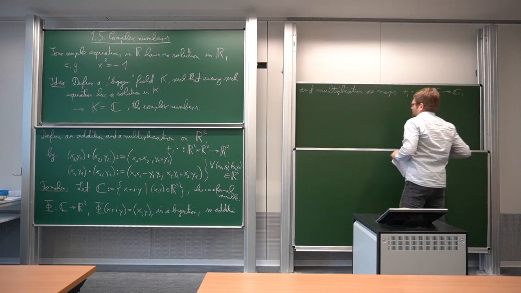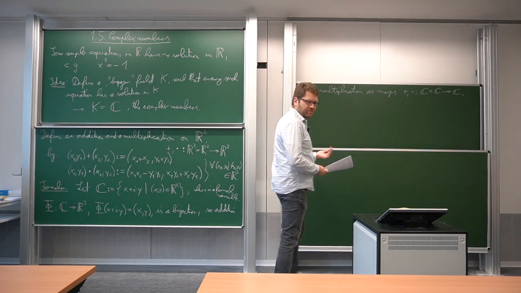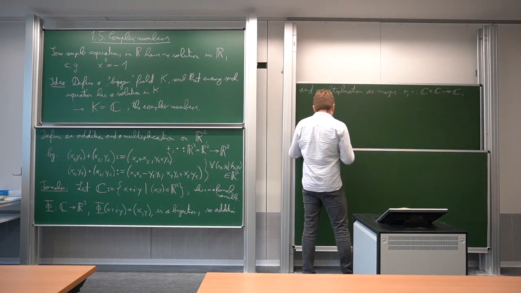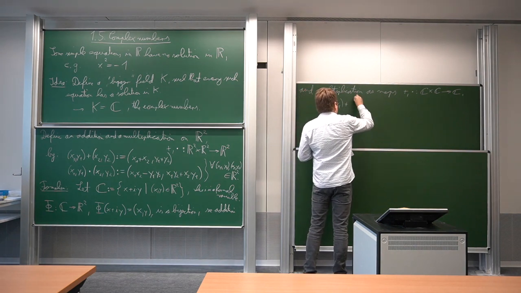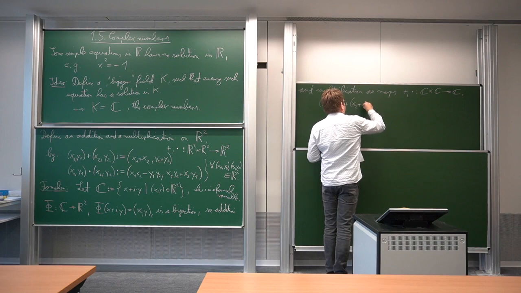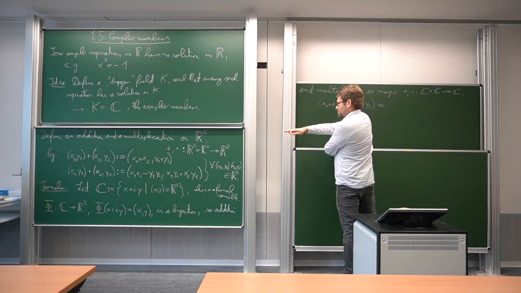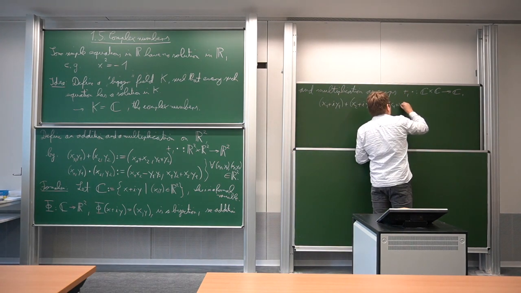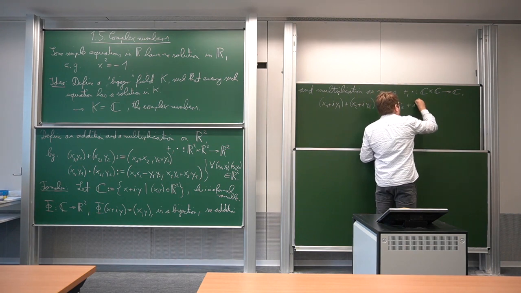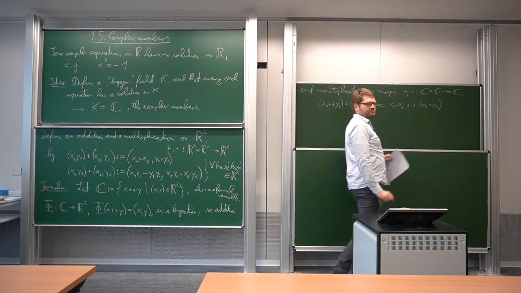And now, just for completeness, I will write down these operations again, using this formalism of complex numbers. So x1 plus I times y1 plus x2 plus I times y2. If you take a look at the definition and the way phi is given, this is just x1 plus x2 plus I times y1 plus y2.